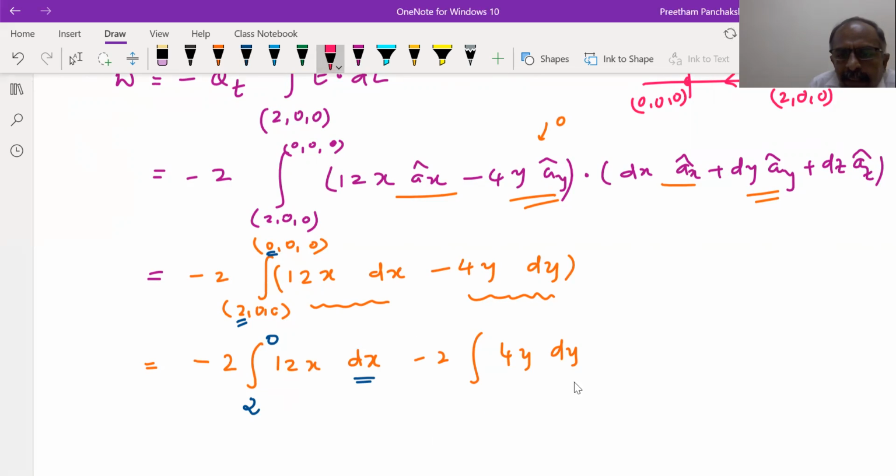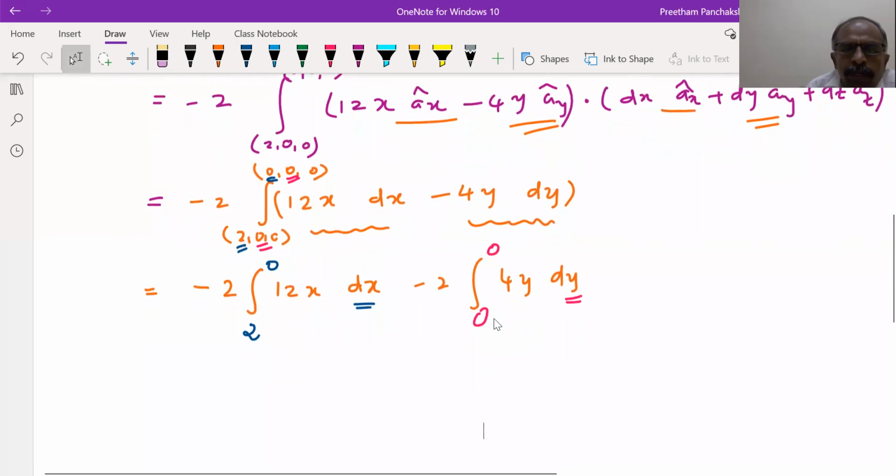In the second integral the integration is with respect to y, so we take the y coordinates of the given points, that is 0 to 0. The integration is carried out according to the variables and the corresponding limits.